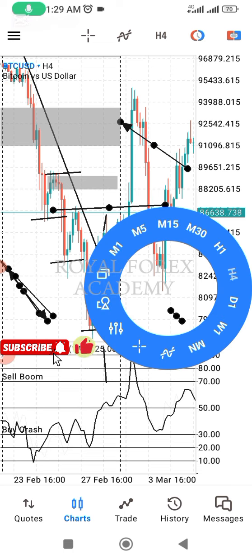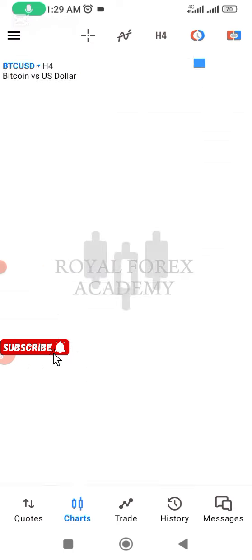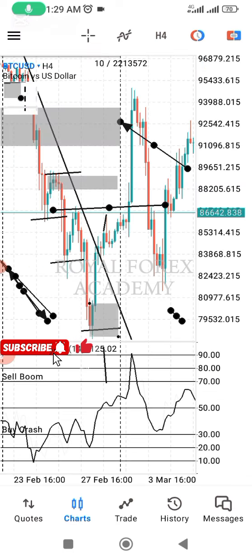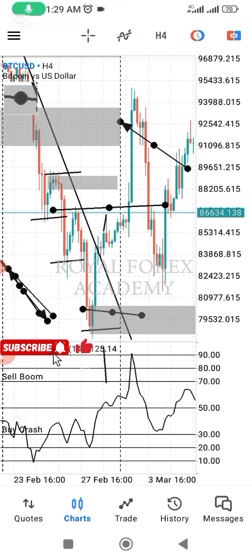First of its kind is that we have here a support zone. So this support zone doubles as our order block, because here we have a bearish candle and then this bullish candle. So this support is our support zone, it is our order block zone.